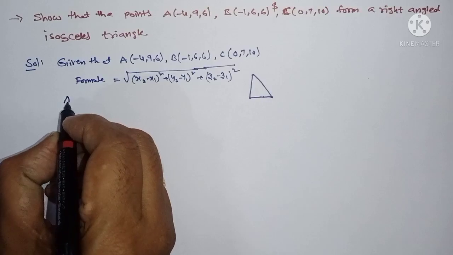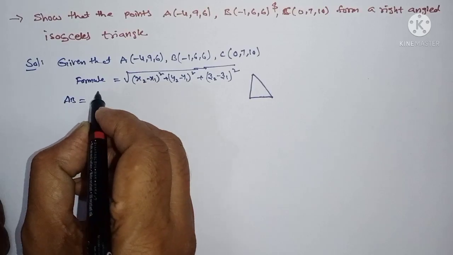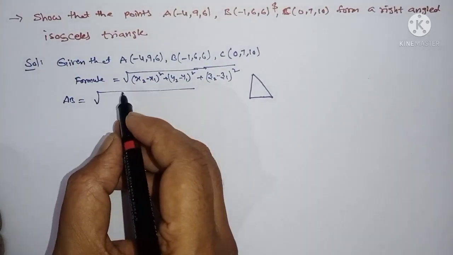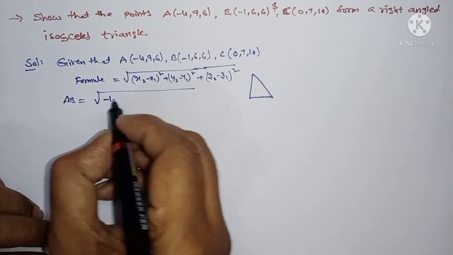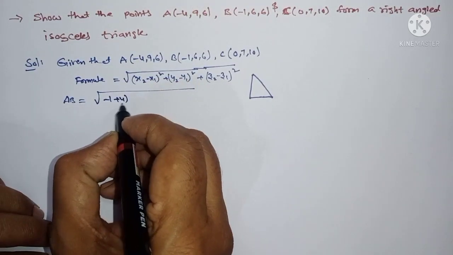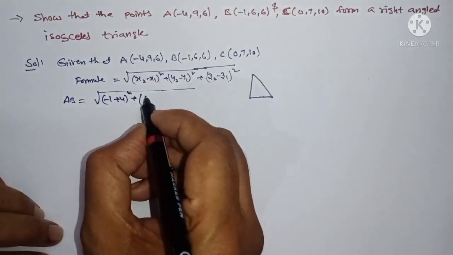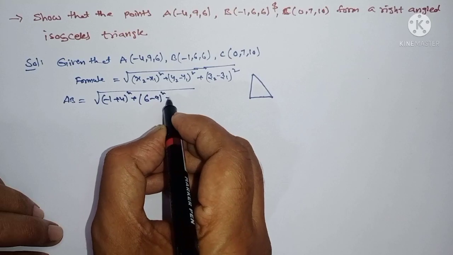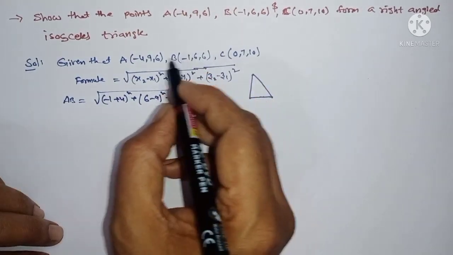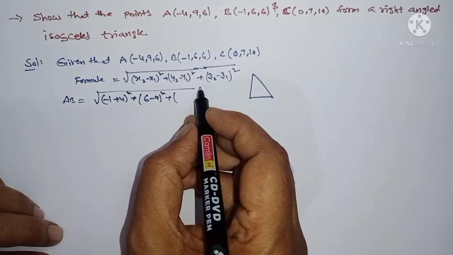Find the AB distance first. Applying the formula, minus 1 minus of minus 4 whole square plus 6 minus 9 whole square plus 6 minus 6 whole square.